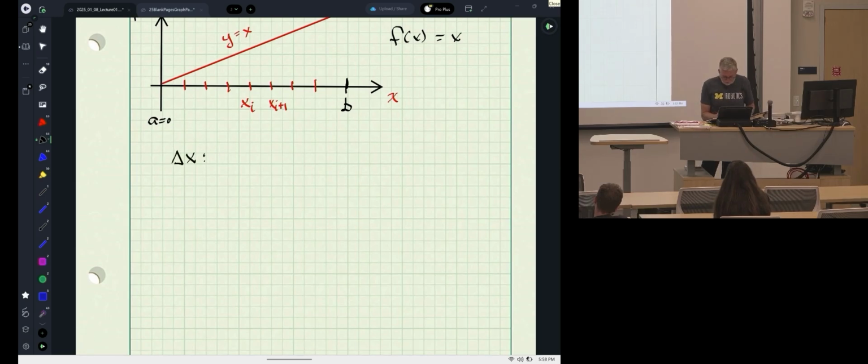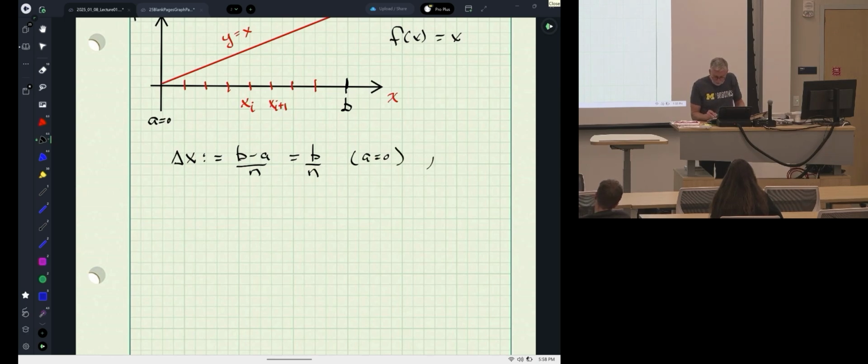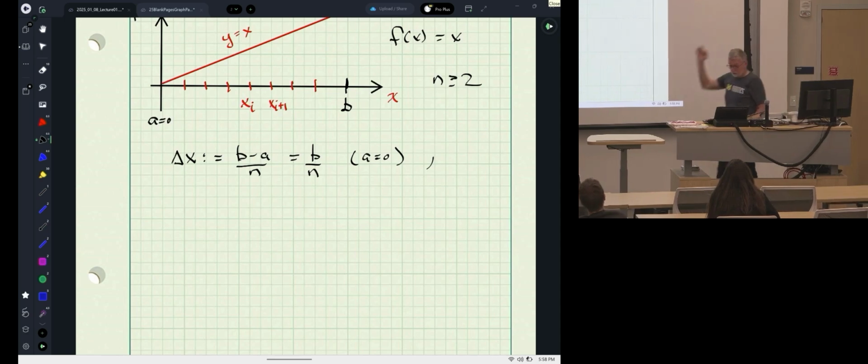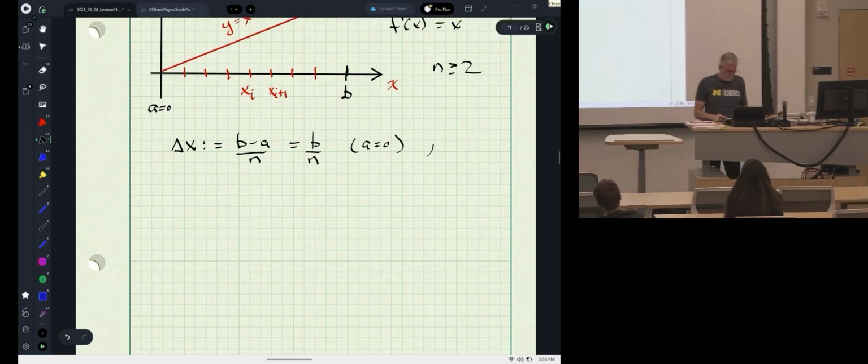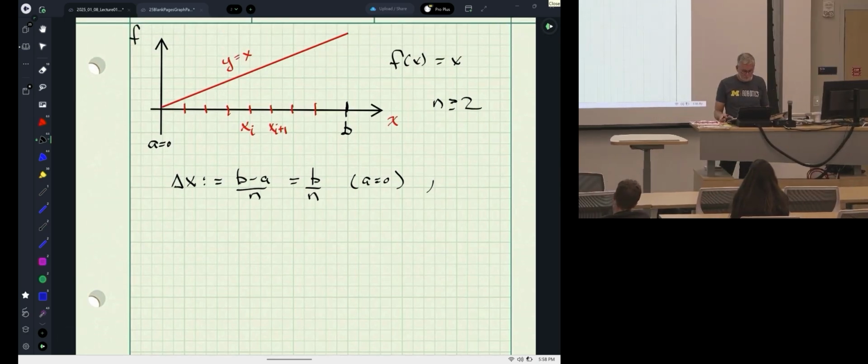I'm going to let delta x be b minus a over n, where n is some number bigger than or equal to 1. So this is just b over n because a equals 0. And so here, n greater than or equal to 2 or something. Really, we want to let n be 200 million to the power 47 or something, okay? Something big.